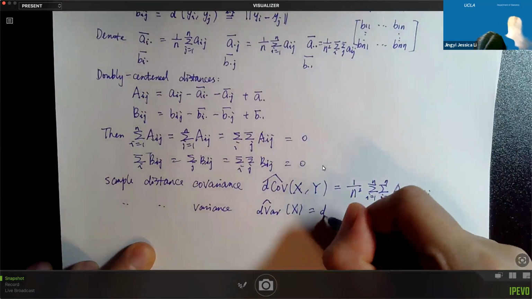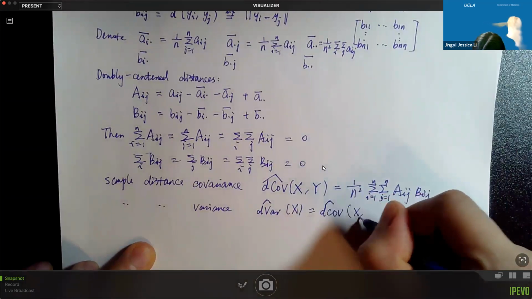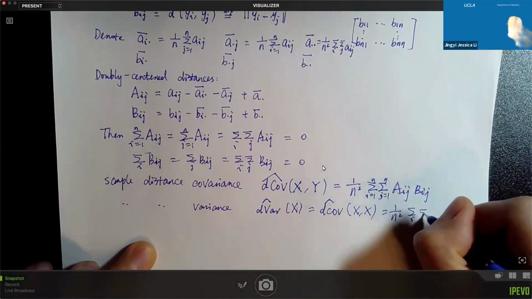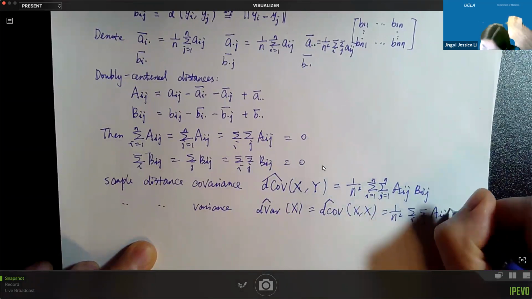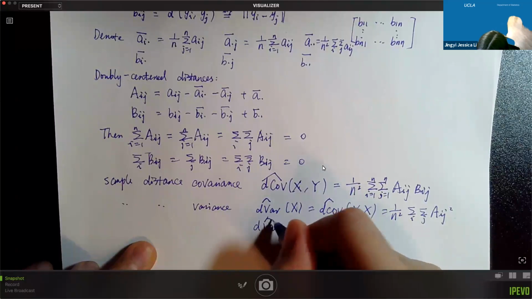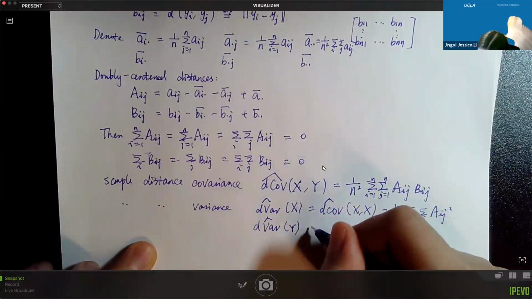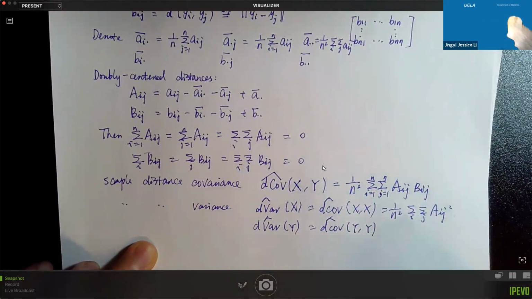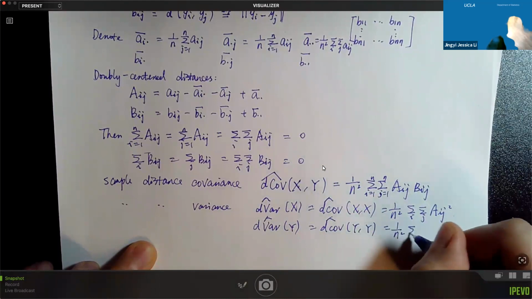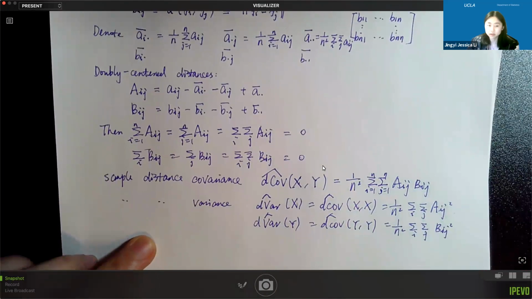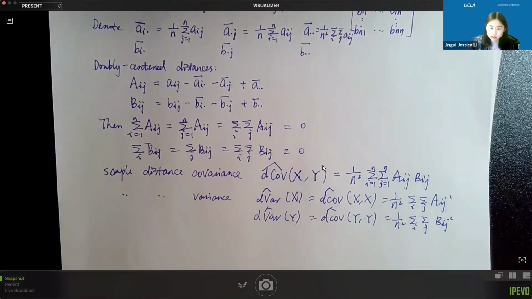So this is just dcov xx, and that's just 1 over n squared sum over ij of aij squared. Similarly, we will have the sample distance variance of y, which is clearly y and y, and this is just 1 over n squared sum over ij of bij squared.